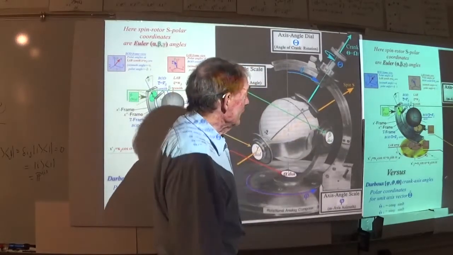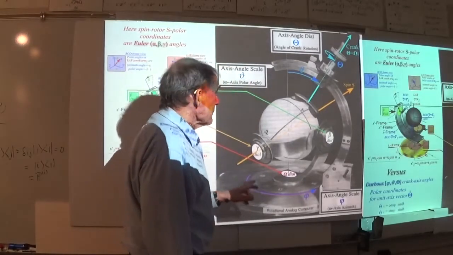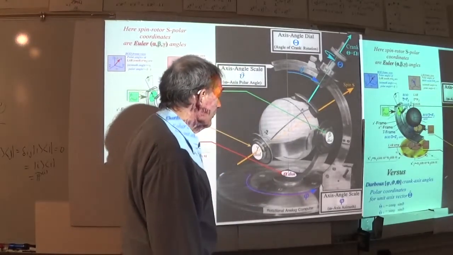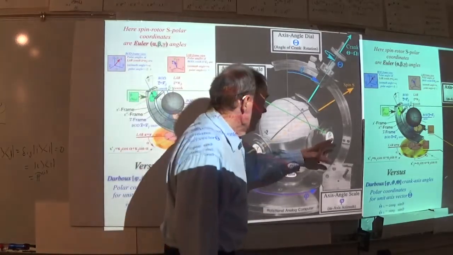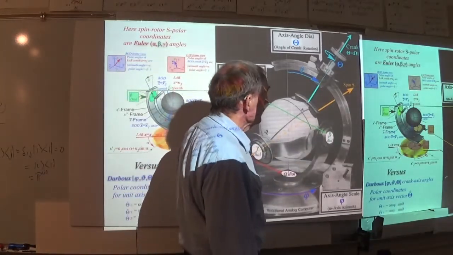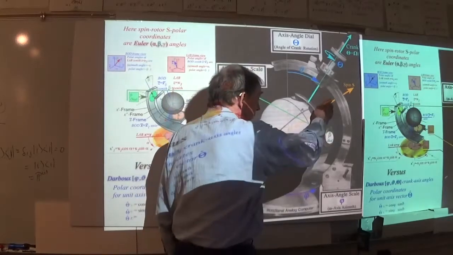Beta rhymes with theta, so alpha's got the first letter A of the alphabet, so azimuth, and then beta, the polar angle for this spin vector.